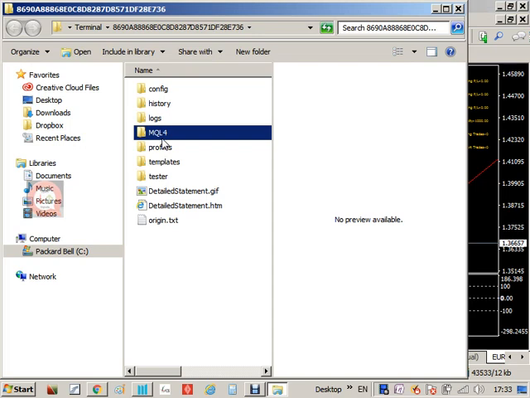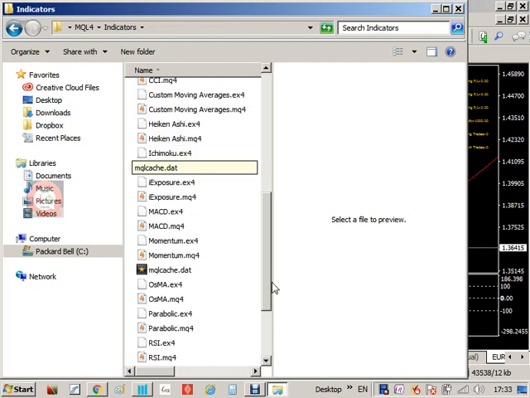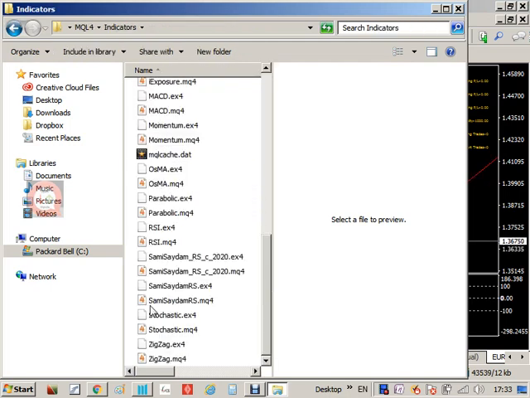Or when you go to the indicator, you put it in the indicators folder. You see the indicator Sami Saydam RSC 2020 EX4.